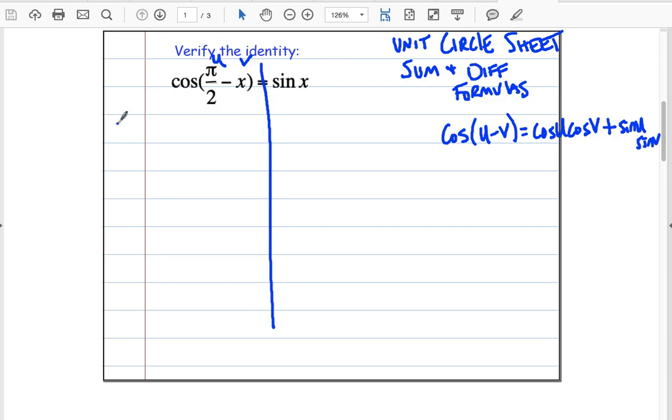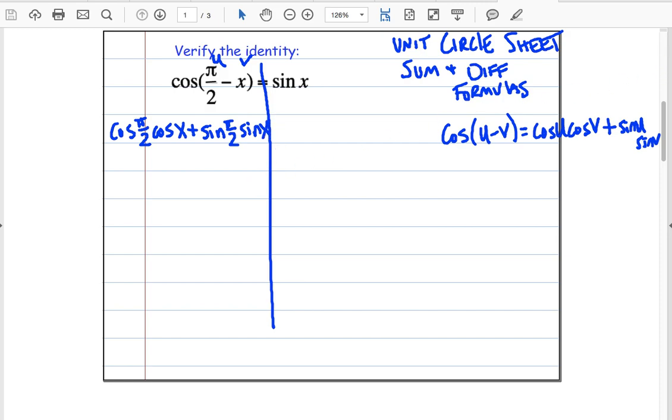So in this case, cosine u would be cosine pi over 2, cosine v would be cosine x, plus sine u, so that would be sine of pi over 2, times sine v, so that would be sine of x.